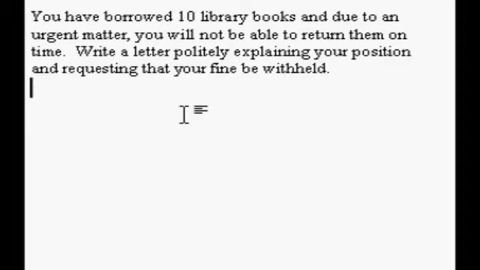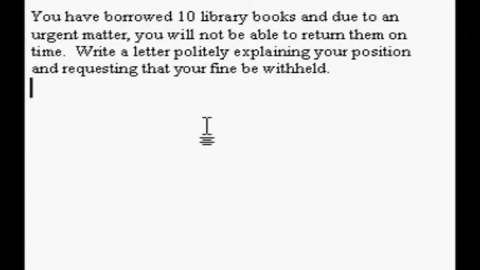Now, this is different from if we were writing a complaint, where we might want to be a little bit more aggressive. But in this letter, we're going to try to be as polite as possible. Okay, now the rest of it says explaining your position and requesting that your fine be withheld. So if we just review this word here, fine.